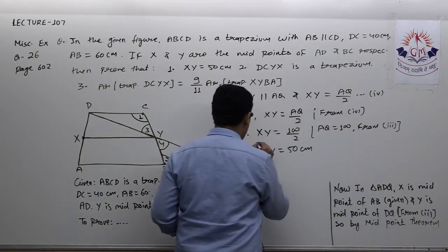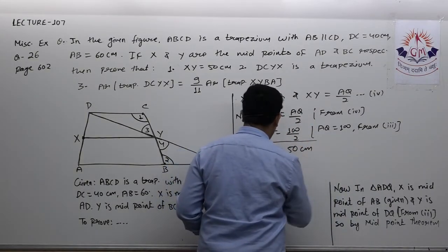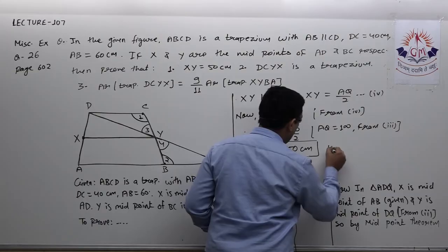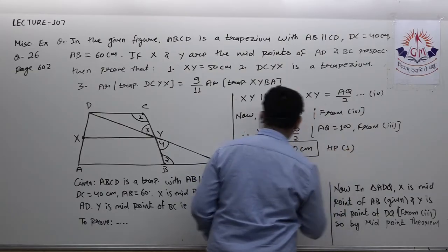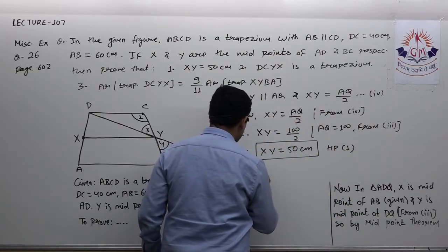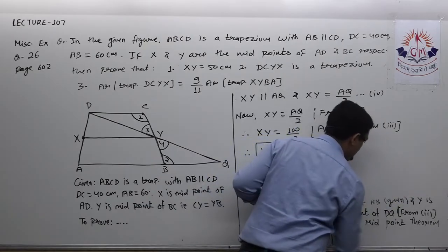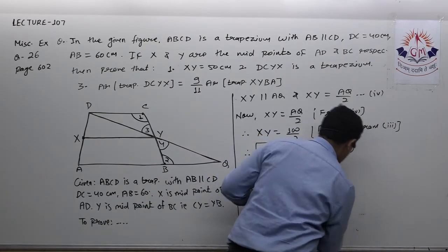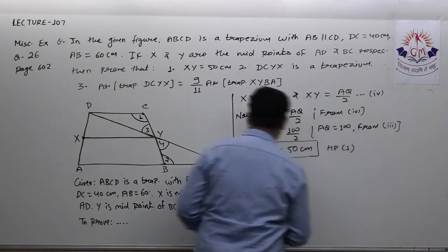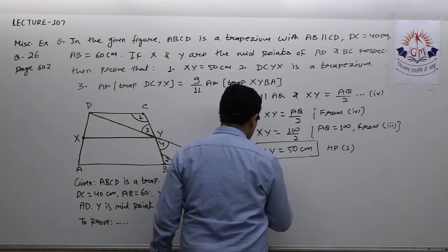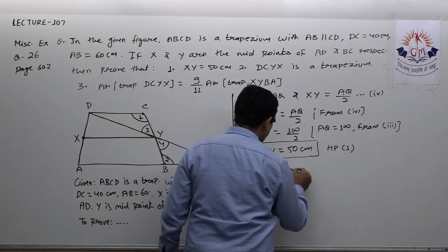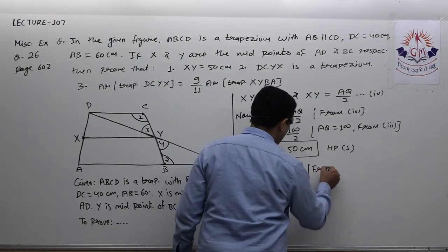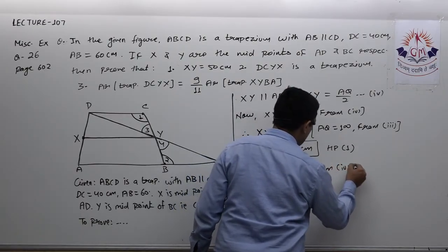So here I am keeping it in this box. Prove first. Now XY is parallel to AQ, again from 4th.